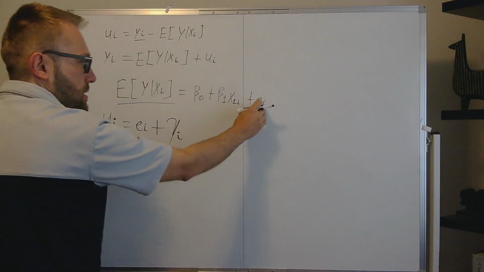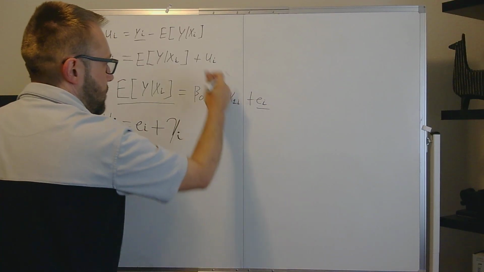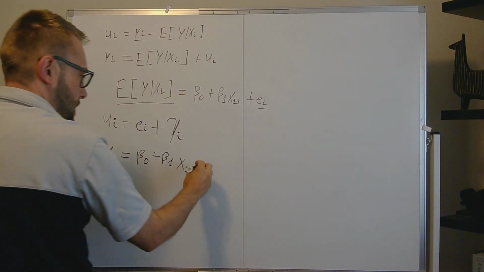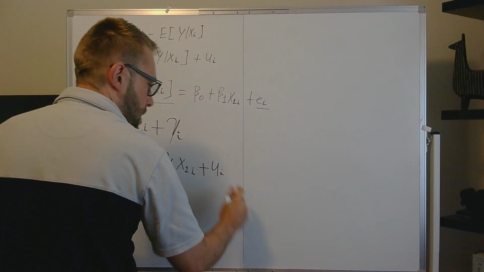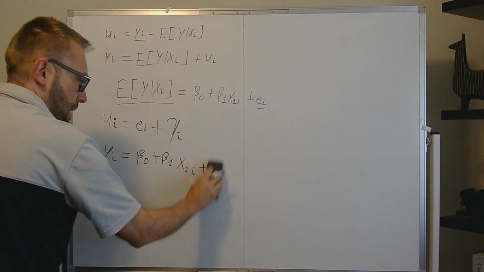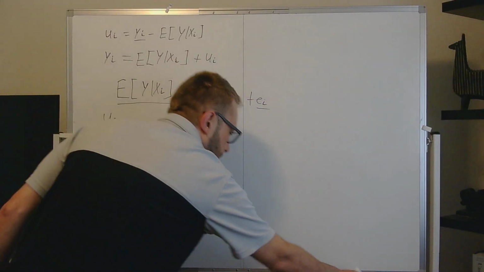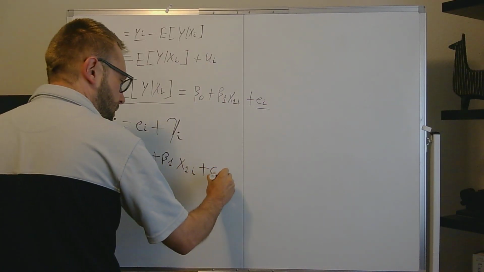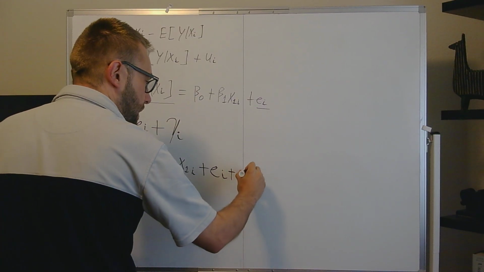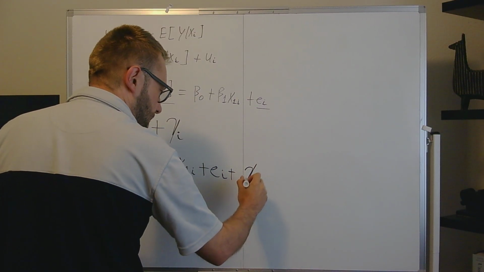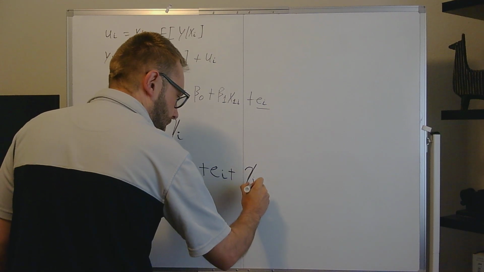And then they would subsume this ei term into ui. So they would just say plus ui, but you could think of this as saying, no, in reality, yi would be composed of ei, and then potentially, if we have some sort of bias or problem, which we'll see next time, gamma i.